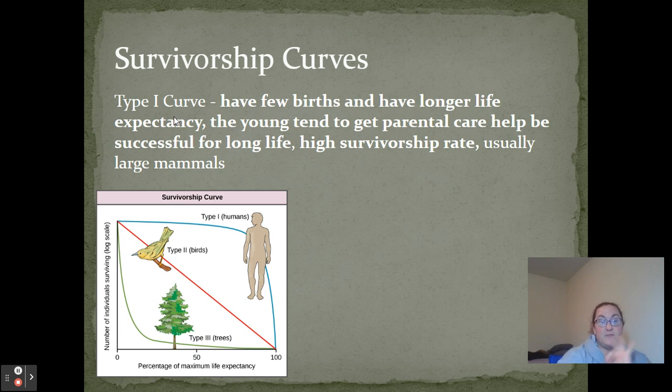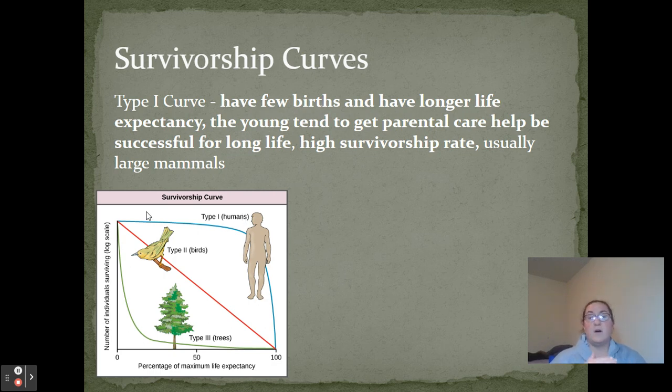Survivorships. We got three different kinds. Type 1 curve has very few births and longer life expectancies. The young tend to get more parental care, more successful for long life, high survivorship rates, usually large mammals. Humans, we are considered mammals. Dolphins, they're mammals. Elephants, mammals.